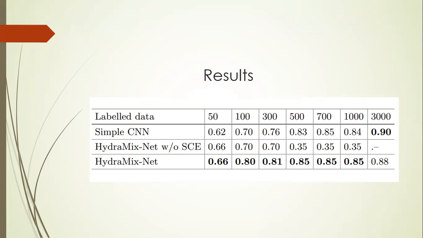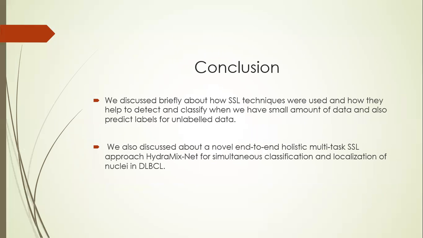Having unlabeled data, we can use HydraMixNet to make pseudo labels for the unlabeled data by training on labeled data, and use them to train along with the labeled data, because the cost of labeling the unlabeled data manually is very high.